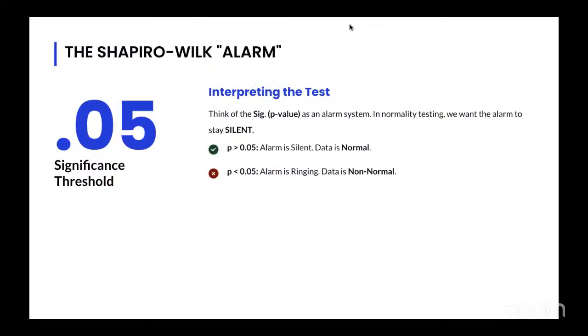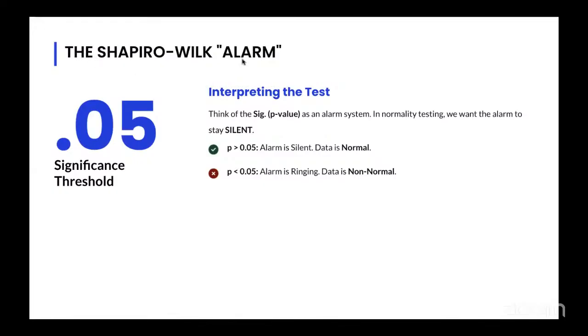So let's see how that looks. When you run that test, you're going to see a table called the Shapiro-Wilk. I want you to look at this: the p-value. What is the p-value? This is a really important thing to look at when we're trying to interpret this test.